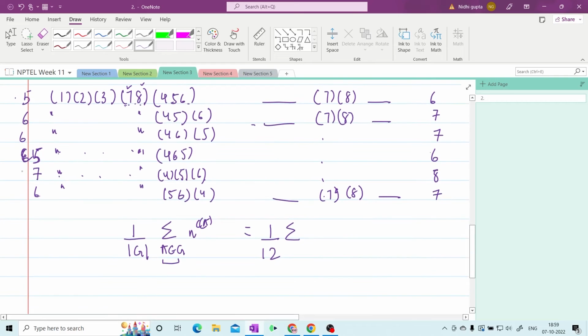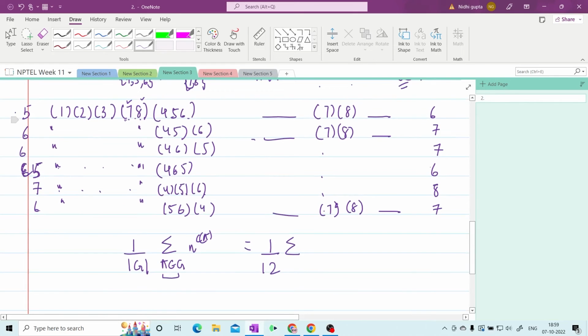So now we have 1 over the order, 12. How many permutations have 5 cycles? 2 permutations have 5 cycles, and the number of colors is 3, so it is 2 into 3 to the power 5. Now how many permutations have 6 cycles? 5, so 5 into 3 to the power 6, plus how many permutations have 7 cycles? 4, so 4 into 3 to the power 7.